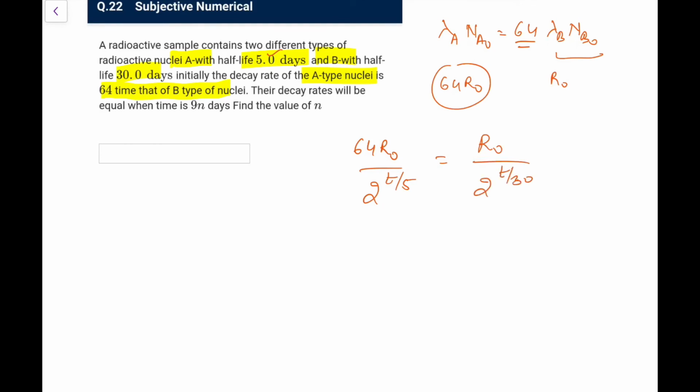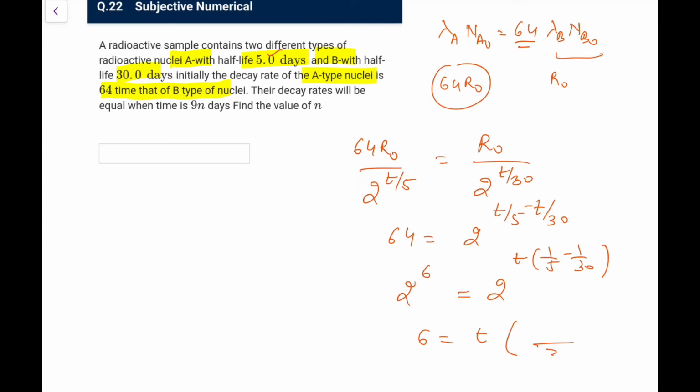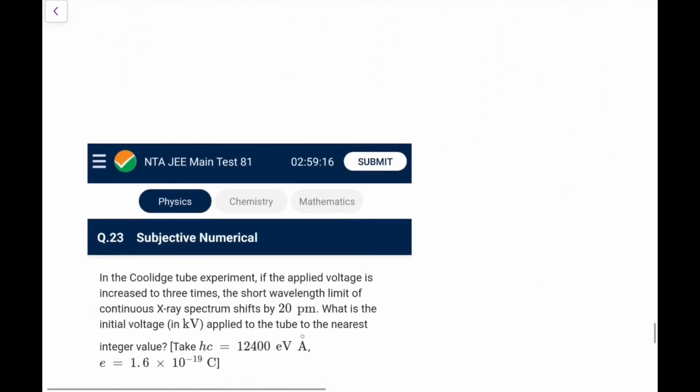So reversing it, 64 would be 2 to the power (t by 5 minus t by 30). 64 is 2 to the power 6, so 6 equals t times (1 by 5 minus 1 by 30). Comparing, the LCM would be 30, so t comes out directly as 6 sixes are 36. So n would be equal to 4. That's an easy one if you can simplify it.